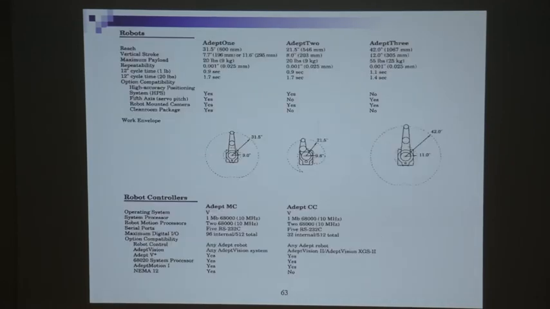If you look at the specification itself, you'll come across all these items. You will talk about the reach, the vertical stroke, the maximum payload, the repeatability, cycle time, and so on. This is the work envelope. And then this is the robot controller associated with it.